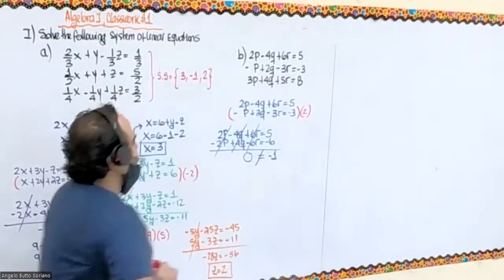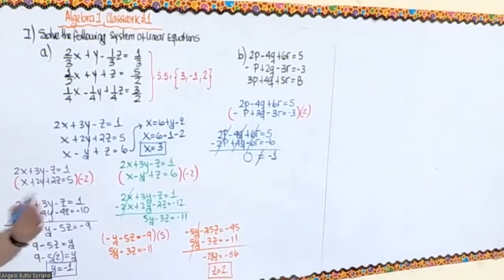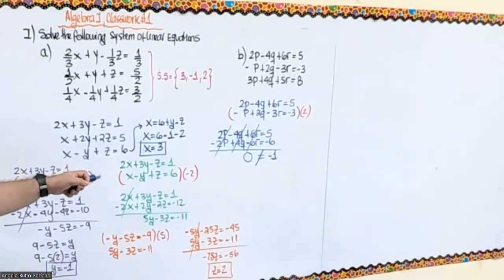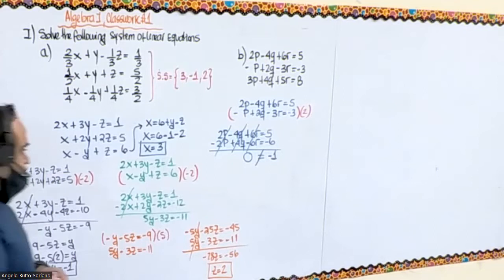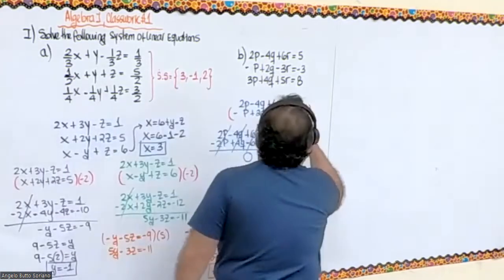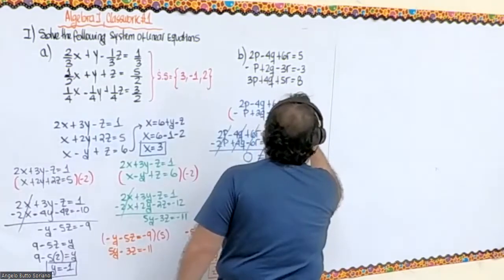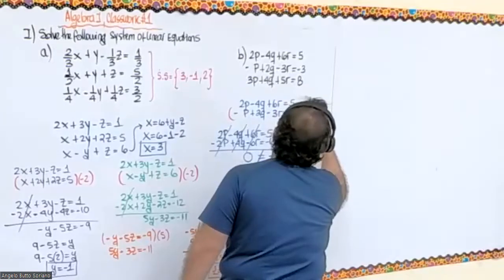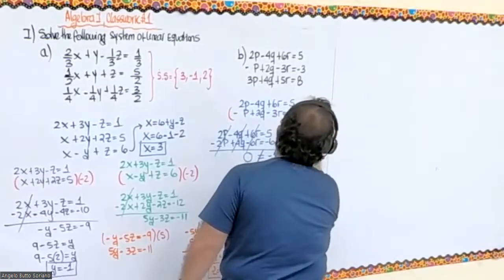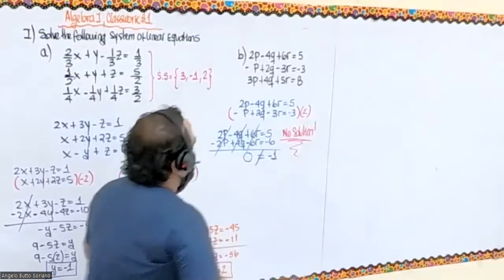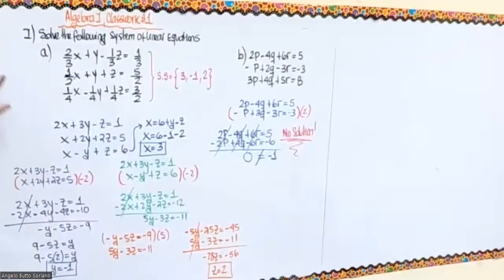If we have 0 equals 0, or 1 equals 1, -1 equals -1, the answer will be all solutions or infinite solutions. But in this case, because 0 is totally different from -1, the answer is no solution. And that's it. We are solving part number 1, problems A and B.